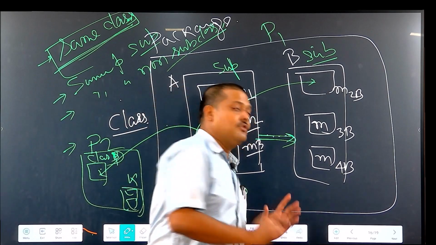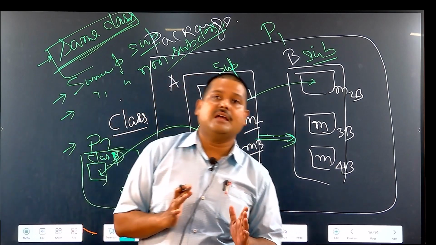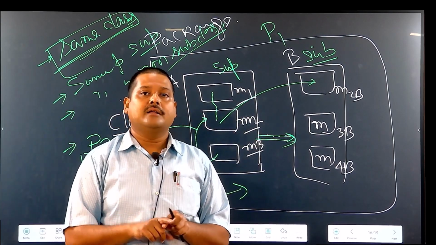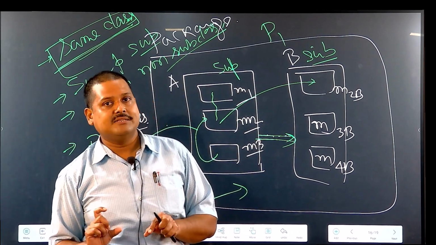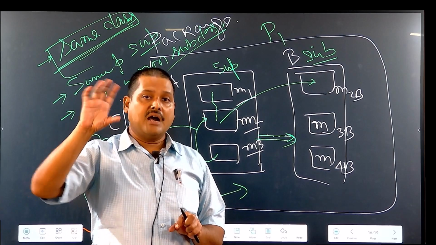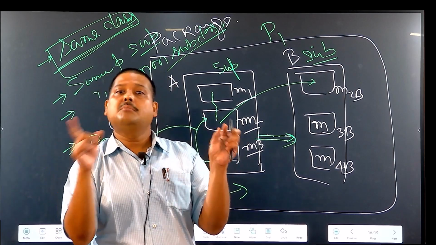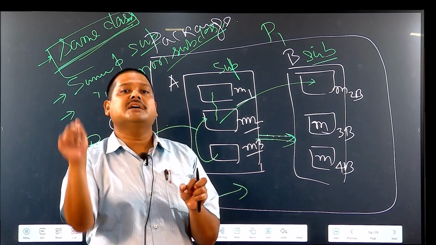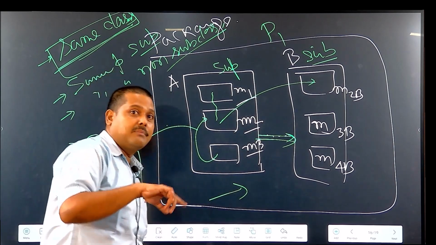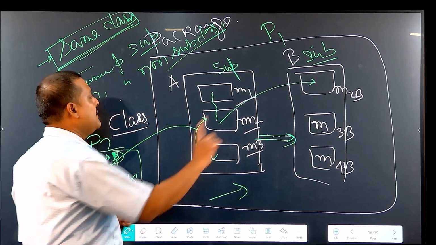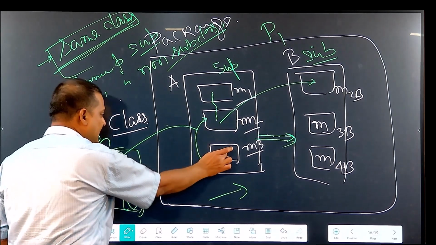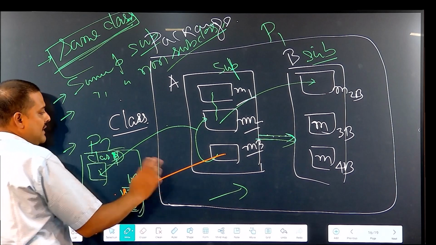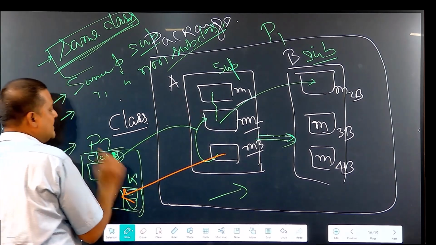So what are the five scenarios? Same class, where both members are present in the same class. Same package, where the members are inheriting each other, that is subclass, or not inheriting, non subclass. Or one member is present here and one member is present there, but this member is inheriting this one, and sometimes this member is not inheriting this one.